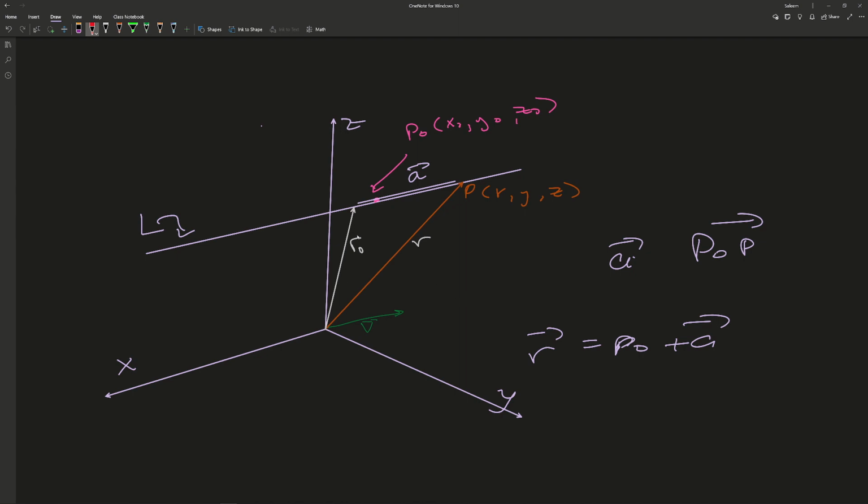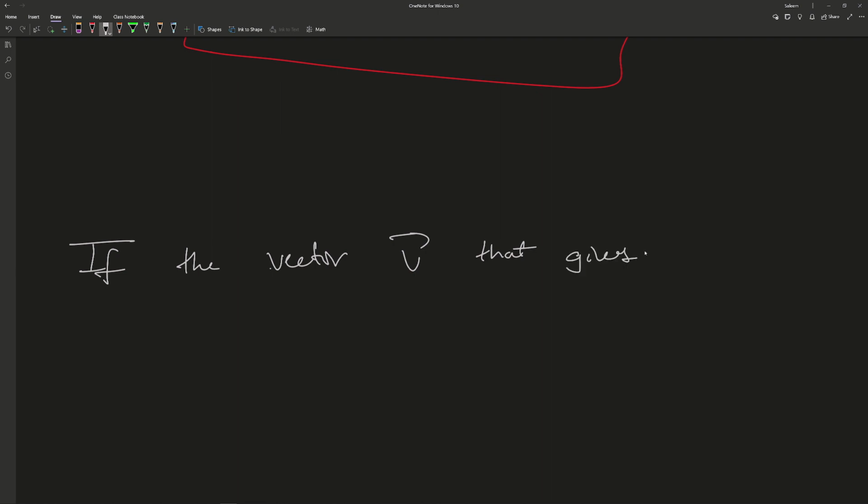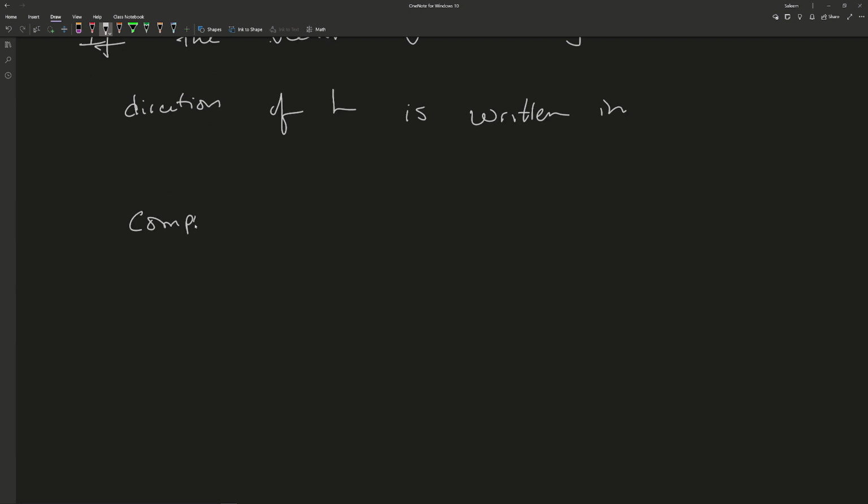So if the vector v that gives the direction of L is written in something called component form, component form means that you write v is equal to a, b, c.